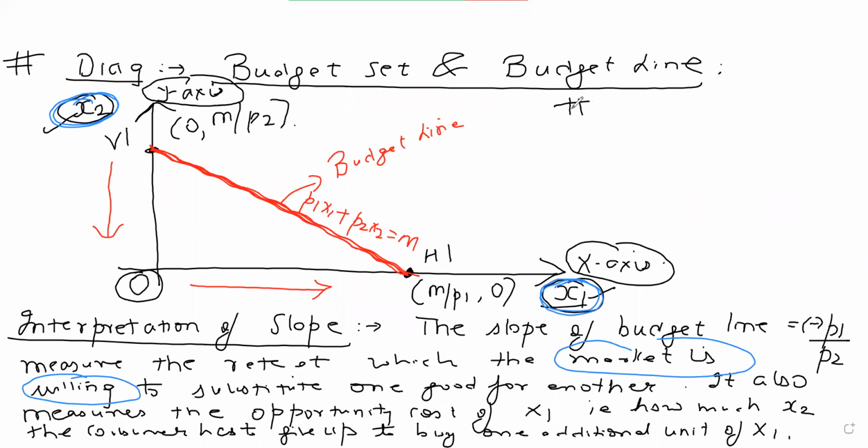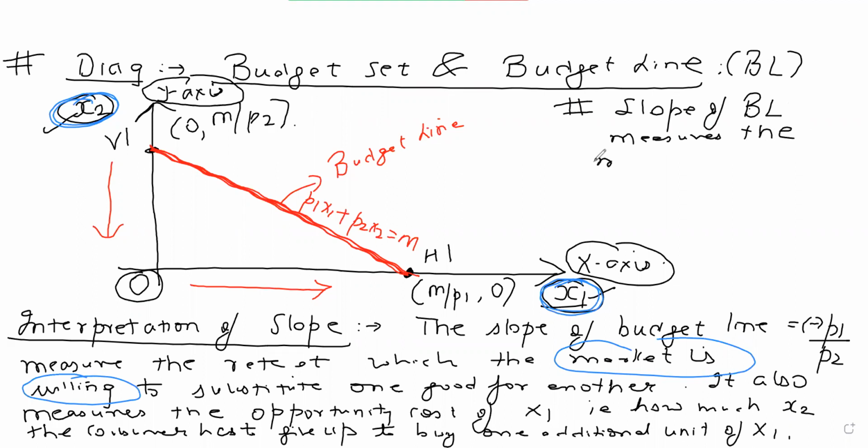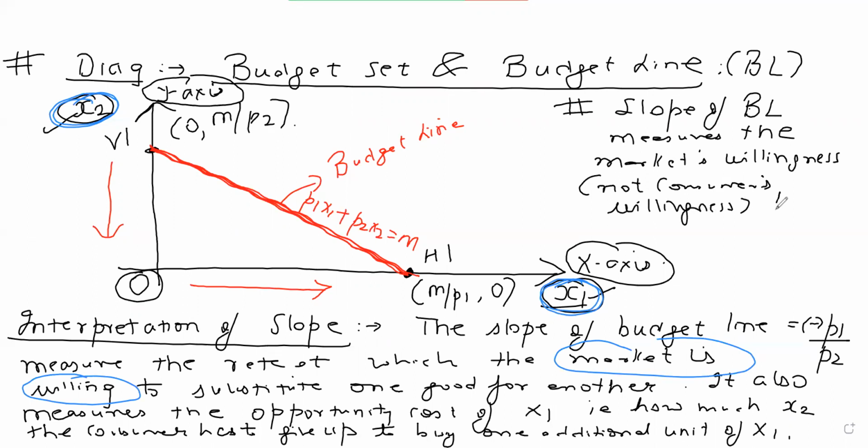So I can write: the slope of the budget line, BL denotes budget line, measures the market's willingness, in the bracket, not the consumer's willingness, to substitute one good for another.